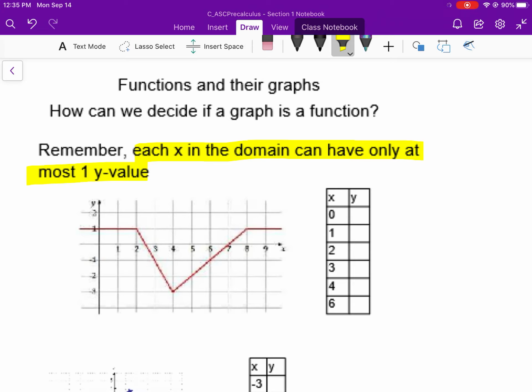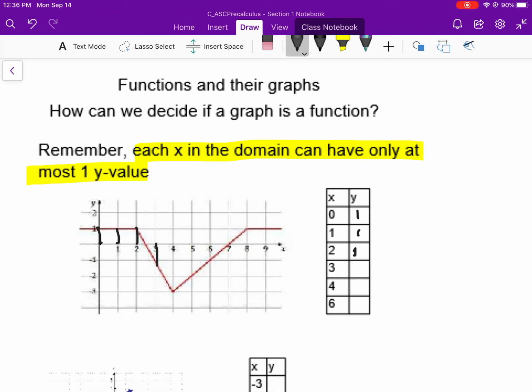So that's huge. And so if I look at this graph here, when x is 0, what's the y value? Well, here's 0, and the y value is 1. And when x is 1, what's the y value? Looks like still 1. When x is 2, it's still 1. When x is 3, I'm going to go down from 3.